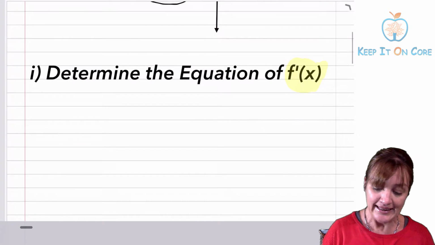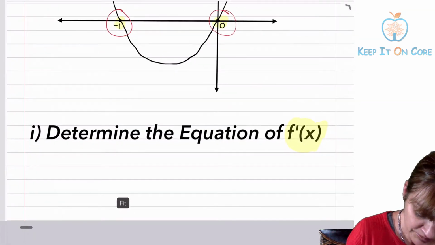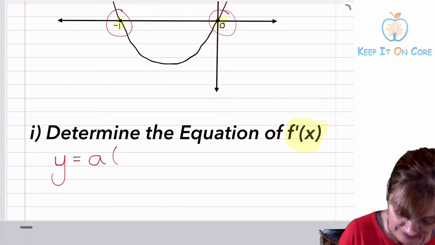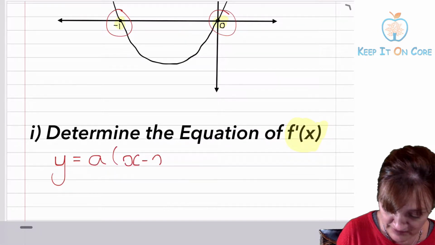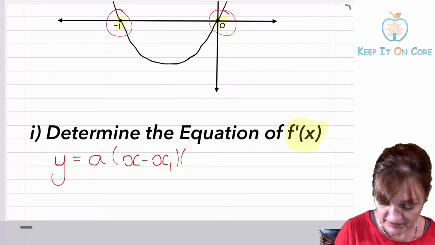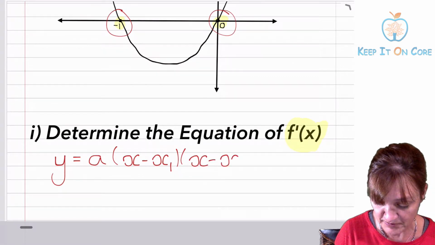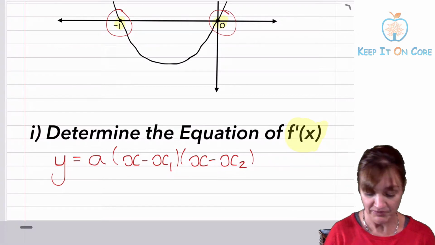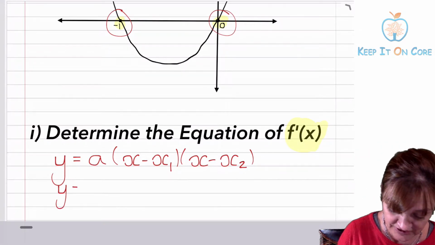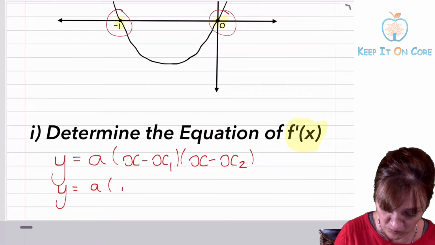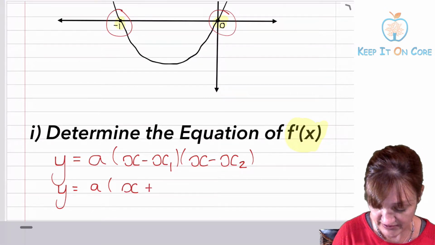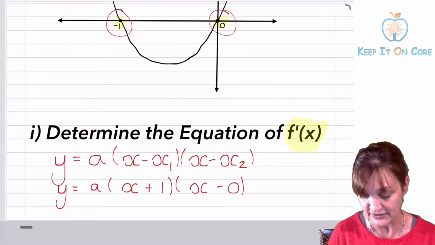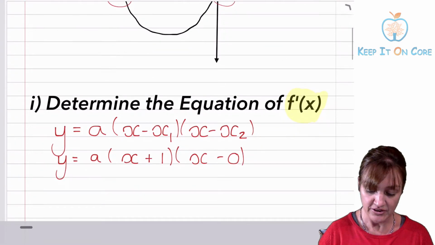Our starting point needs to be y equals a multiplied by (x minus x1) multiplied by (x minus x2), but obviously I'm not going to have a third bracket because it's not cubic, it's just quadratic. We substitute in x1 as -1, so the two negatives make positive, and x minus 0. So we've got those points.